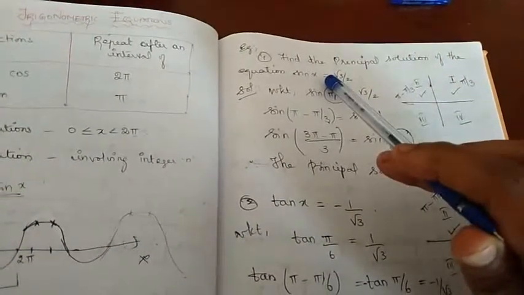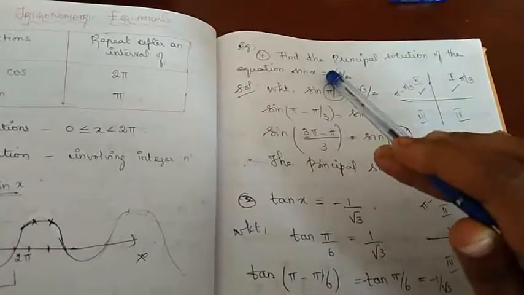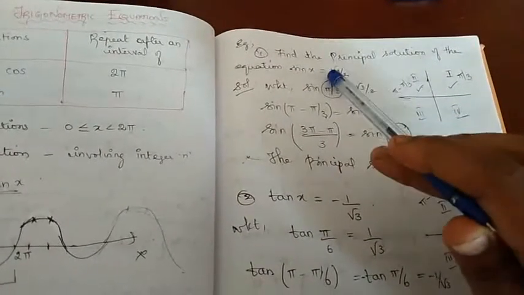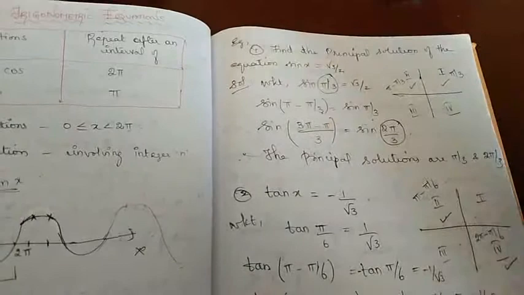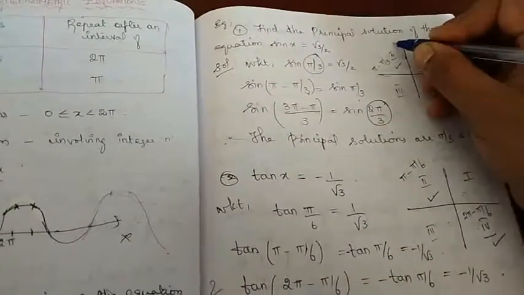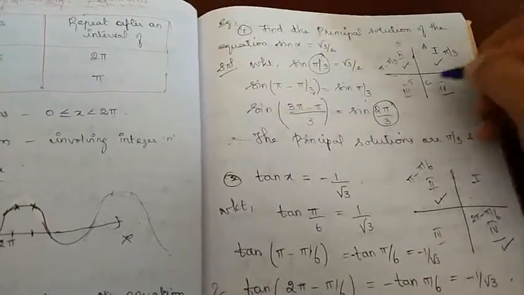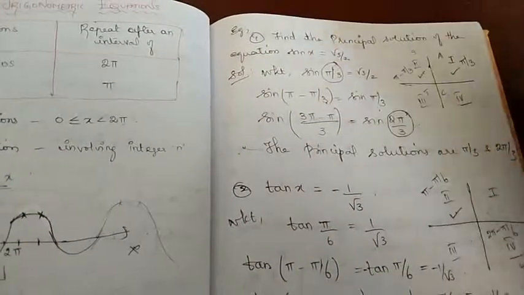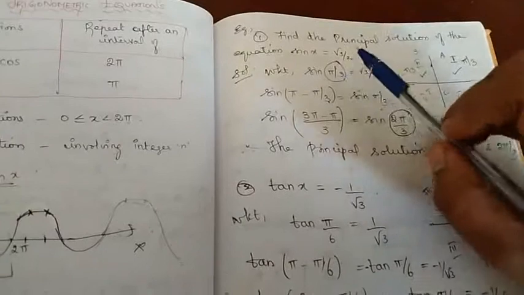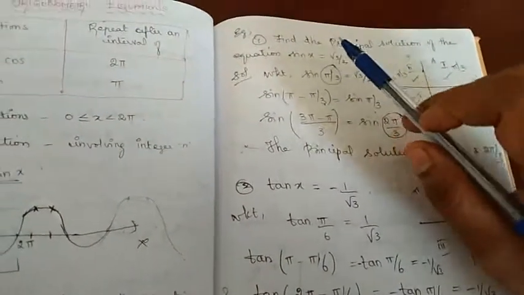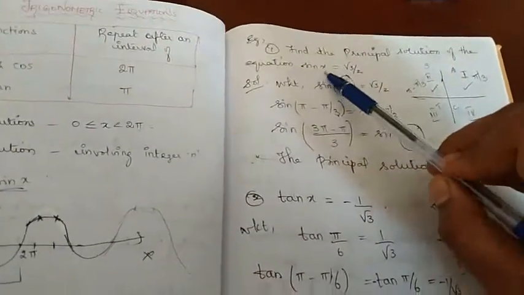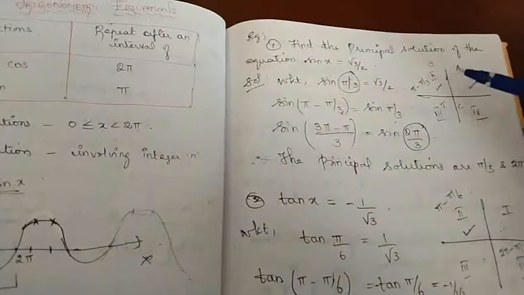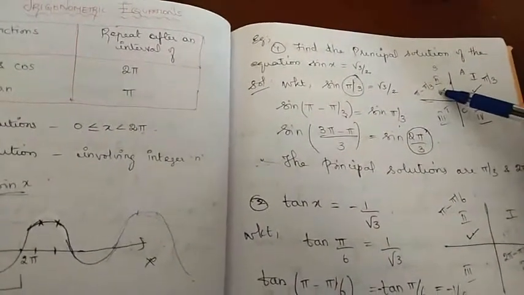And here we can see that sine value is positive. Where will sine value be positive? Under 4 quadrants, all silver tea cups. So in the first and the second quadrant, sine value will be positive. So the solution of this equation, which means the value of x, can lie in the first quadrant or in the second quadrant, right?